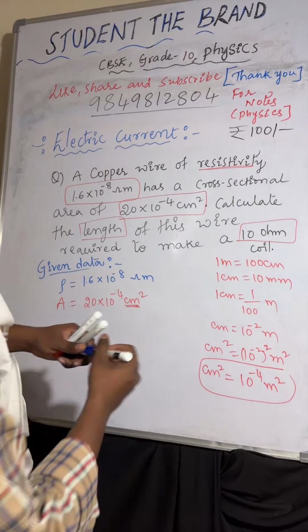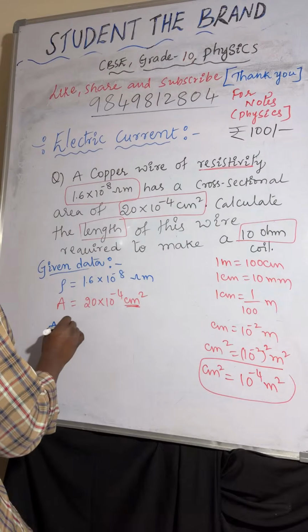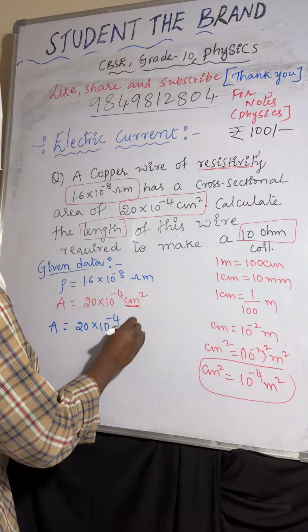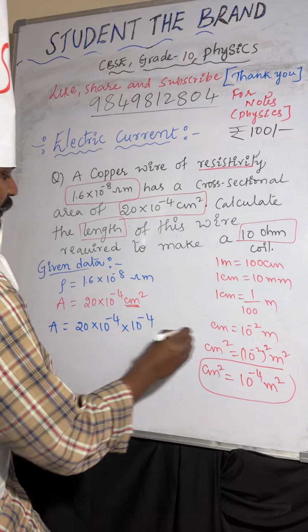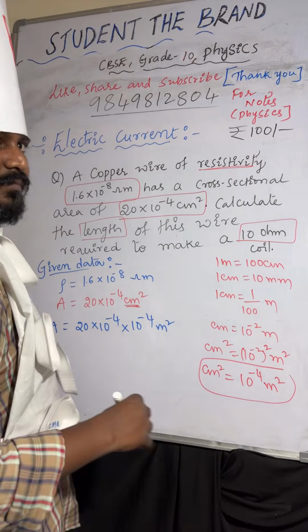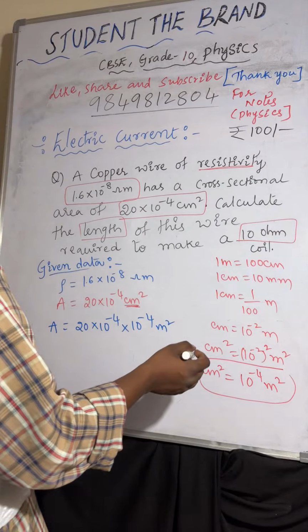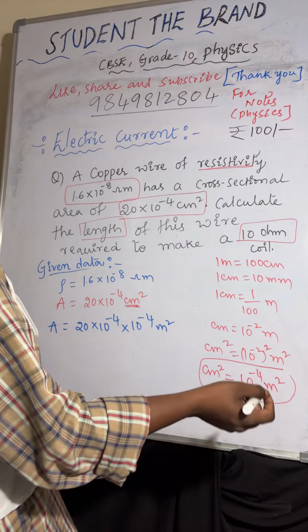So if you substitute, area equal to 20 into 10 power minus 4, again 10 power minus 4 into meter square. If you write a power m into a power n, so a power m plus n.